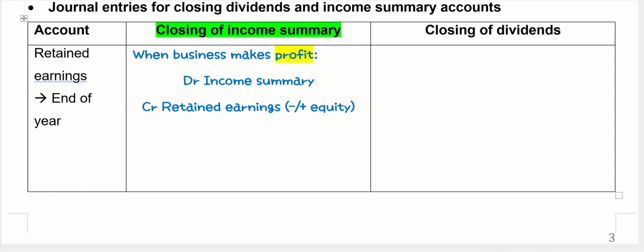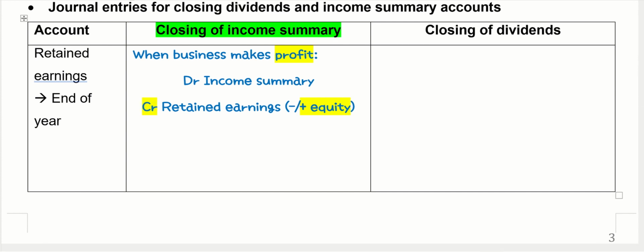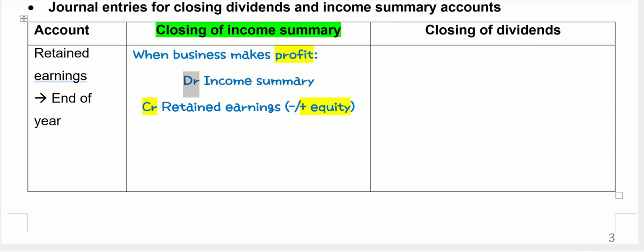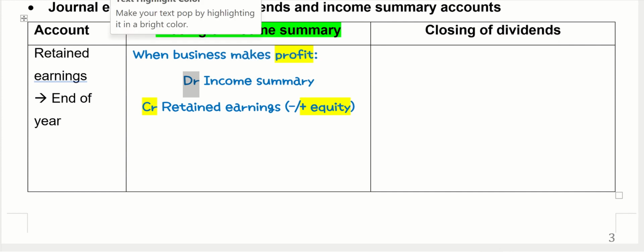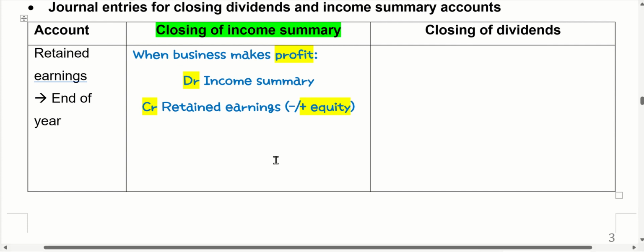The accounting rule for retained earnings is minus plus, and when I make a profit, equity increases, and therefore I should record it as a credit. If retained earnings is a credit, then income summary should be the opposite. Why? Because every journal entry has one credit account and one debit account. So income summary is a debit because retained earnings is a credit. This is what happens if a business makes a profit.